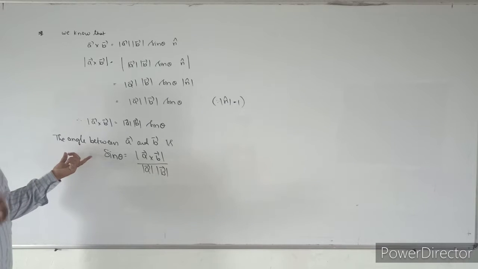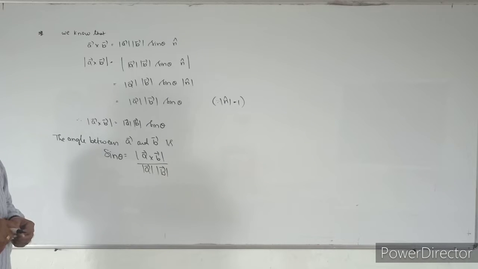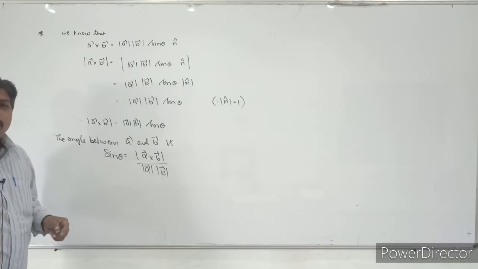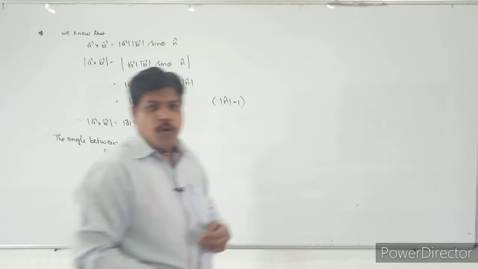So in the case of cos theta, you already have cos theta is A dot B by mod A mod B. What is sin theta? Sin theta is nothing but mod A bar cross B bar by mod A mod B.